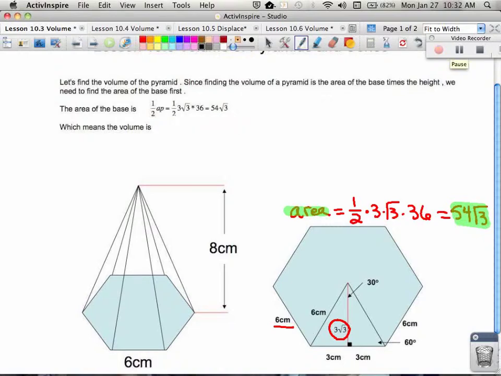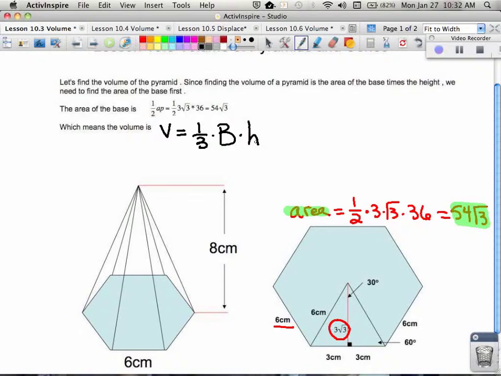Now, once I have the area of the base of my pyramid, the way I'm going to find the volume is that my volume is going to be 1/3 times the area of my base times the height of my pyramid.